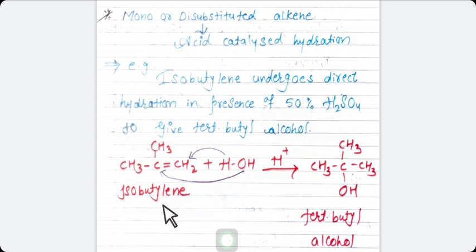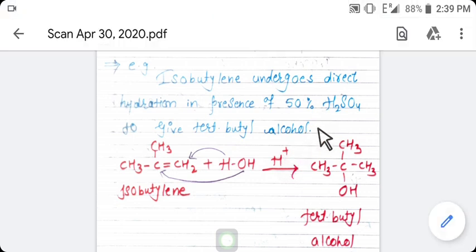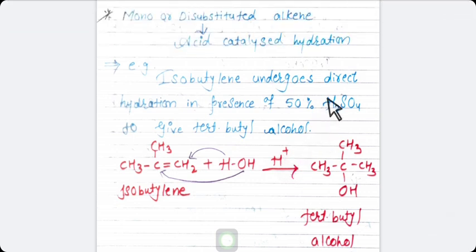See here, isobutylene reacts with water. The procedure is hydration, meaning addition of water. On the arrow I am writing H plus. H plus means acid, and as I told you, the acid is 50% H2SO4.